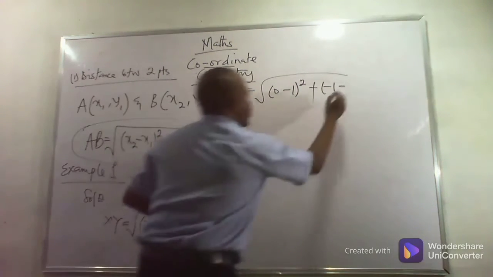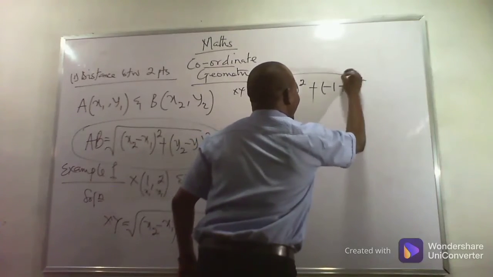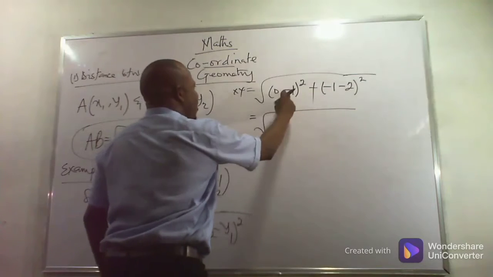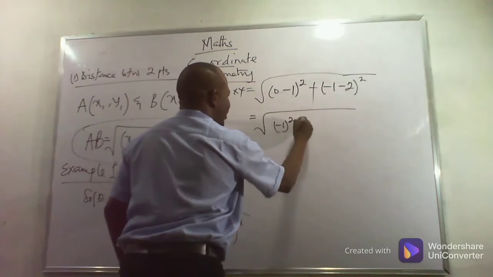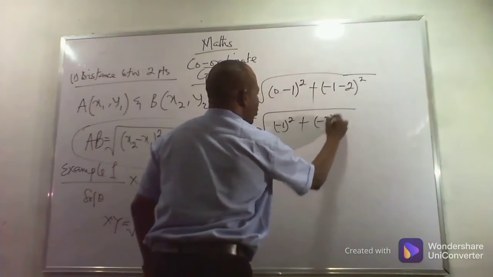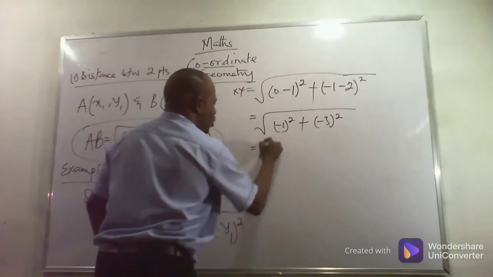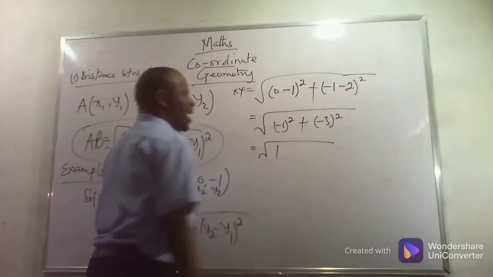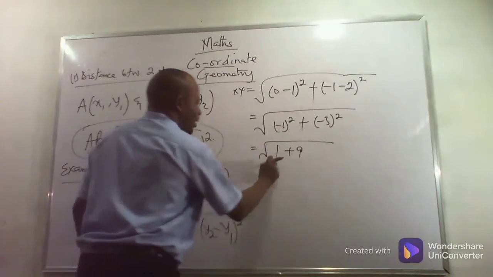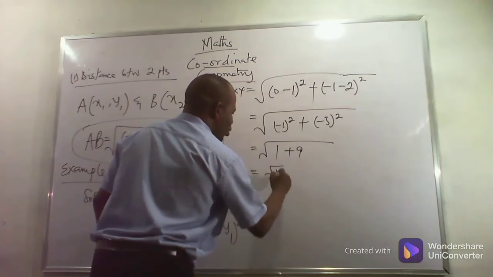That is 2, everything squared. So from here we have the square root of 0 minus 1, that's minus 1 squared, plus minus 1 minus 2, that's minus 3 squared. Minus 1 squared is 1, minus 3 squared is 9. So this plus this will give me the square root of 10.